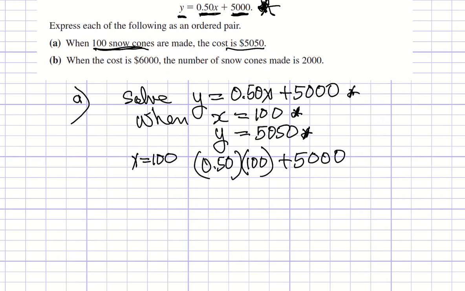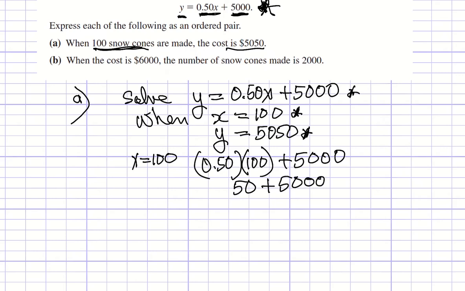What is 0.5 times 100? You gotta be able to figure that out. We can express that as a fraction, but if you multiply that, you get 50 plus 5,000.